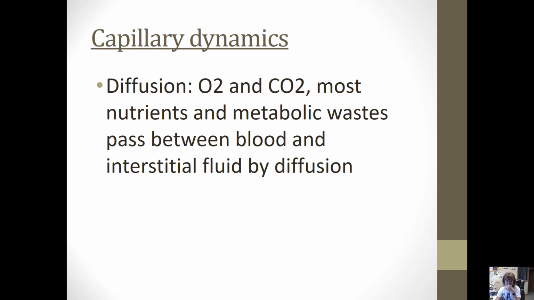But we need to be able to get fluid. We need to get the blood plasma out of the capillary so that it can diffuse into the cells. And so blood plasma is going to leave the blood vessel and become interstitial fluid, and then become intracellular fluid, or become lymph, or return back to circulation.